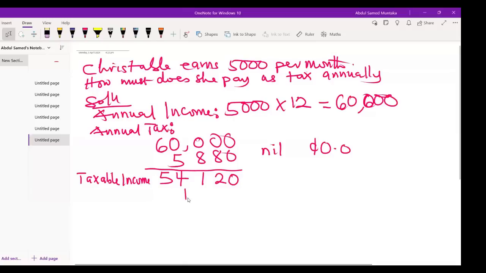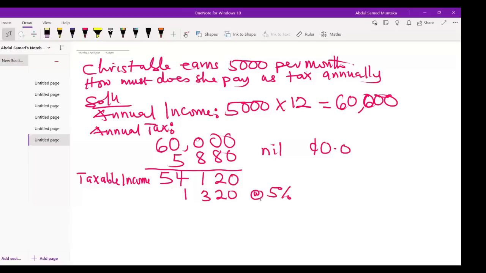So the first 1,320 should pay tax at 5%. So you are not going to calculate 5% of the 54,120. You are going to calculate 5% of the 1,320. If you do that, you will get, I think, 66 cedis.